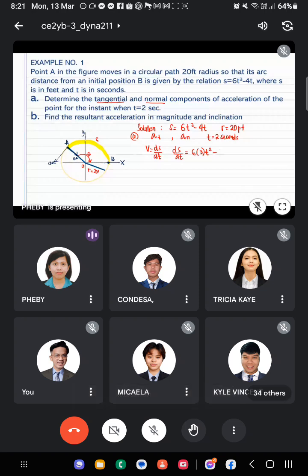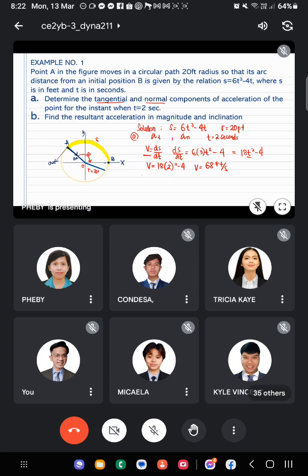So from there, makakuha natin si ating velocity, which is equals to 18 times, if the time t is 2 seconds, squared minus 4, our velocity will be... Ano si velocity sa inyo? Velocity, 68 feet per second.